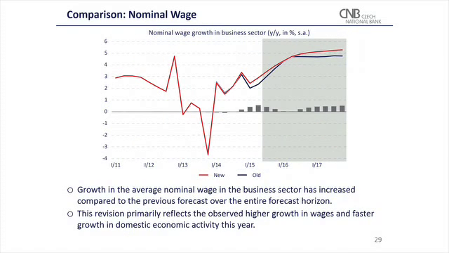This is the comparison of the nominal wage forecast. It's slightly higher, but almost on the whole forecast horizon, and this reflects first higher than expected numbers in the first half of this year, including some data revisions, but then also the stronger than expected economic activity mainly this year.